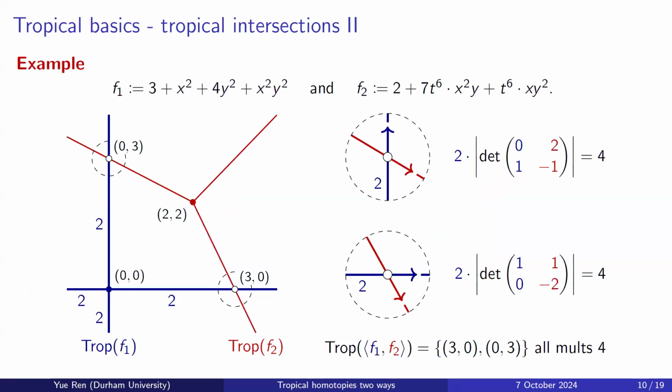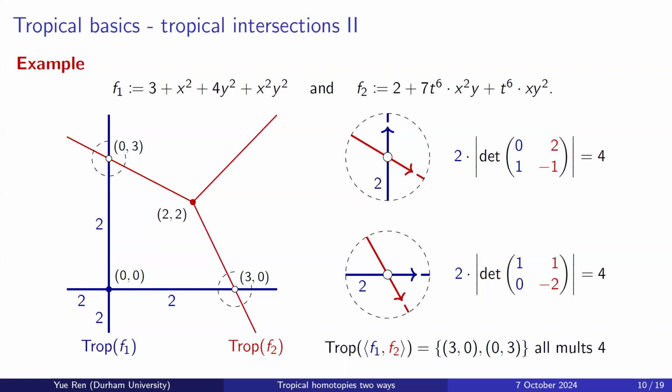If I look at these two equations, computing the tropicalization of the ideal they generate is super easy because I know that these individual hypersurfaces intersect transversely. So the tropicalization of this ideal is the points of stable intersection. In this case, I get (3, 0) and (0, 3), all of multiplicity 4.